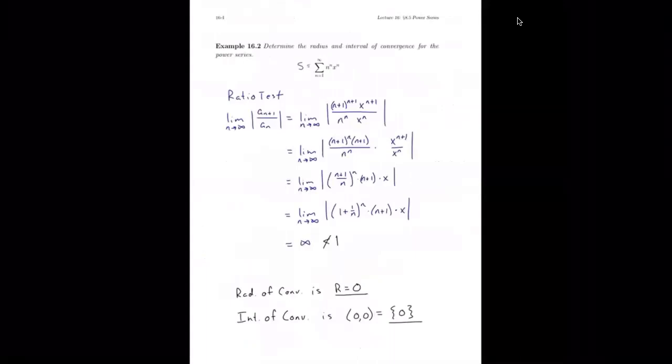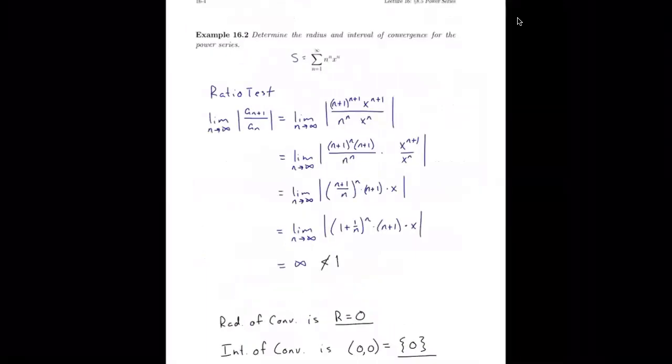So continuing on, let's find the radius of convergence and the interval of convergence for this series. The sum from n equals 1 of n to the n times x to the n. So same thing, we apply the ratio test to the subsequent term and previous term, a sub n plus 1 over a sub n. Limit as n goes to infinity, absolute value of all that.